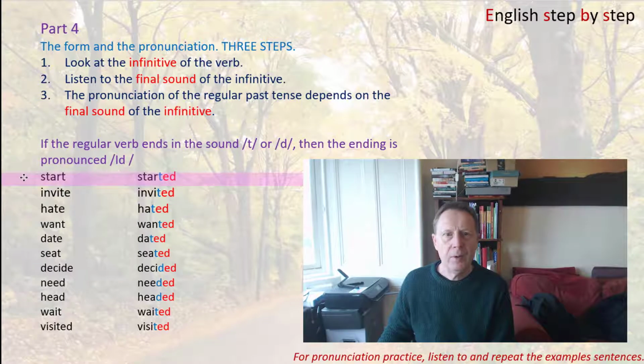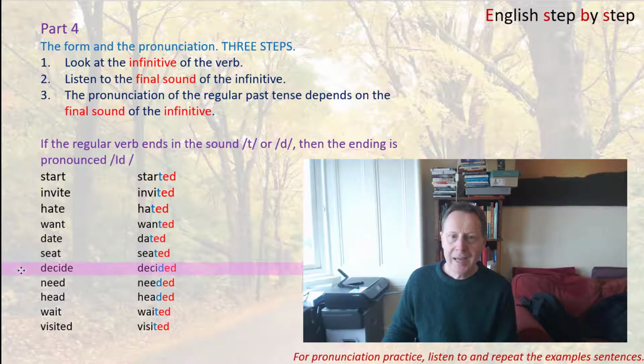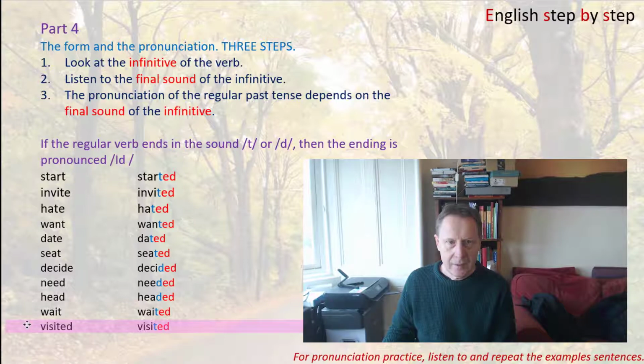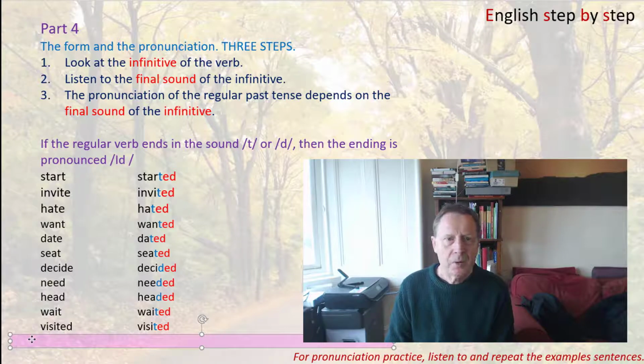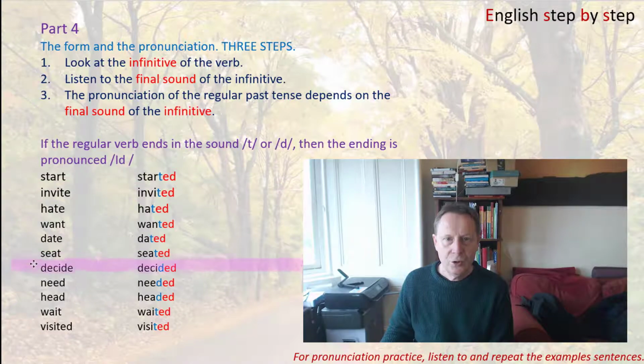For example, started, invited, hated, wanted, dated, seated, decided, needed, headed, waited, visited. Now the pronunciation of these verbs is quite easy to remember because there's no other way to pronounce these words. You have to say tud and dud at the end of these words.